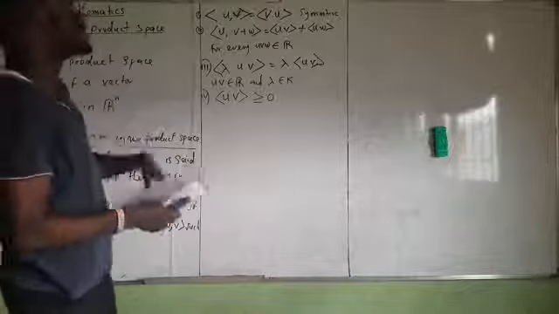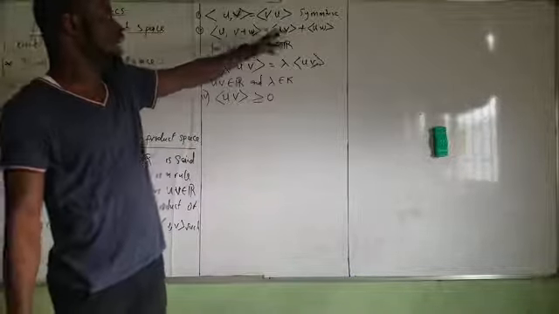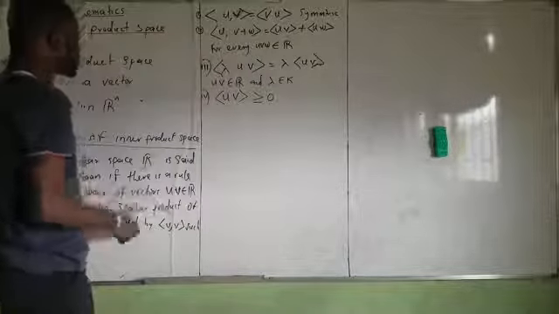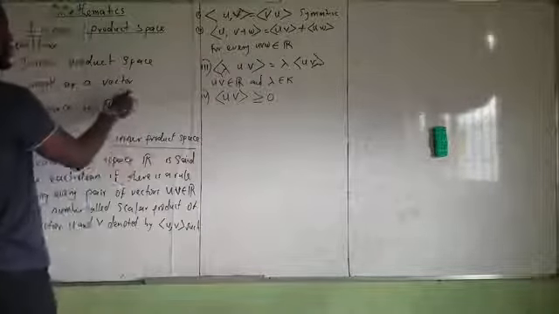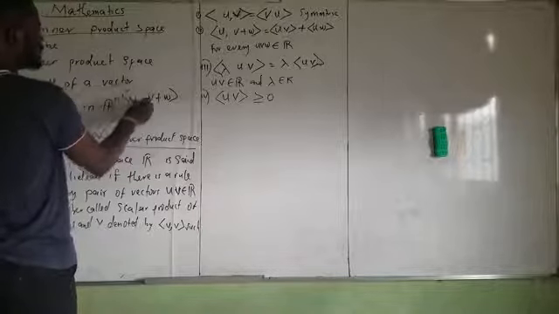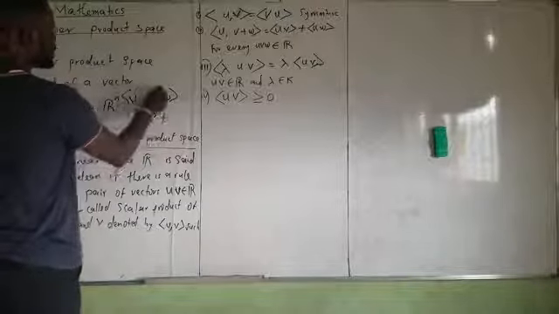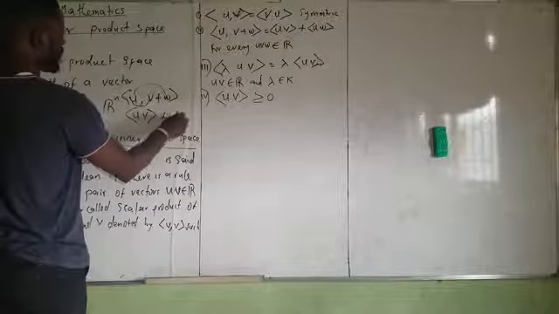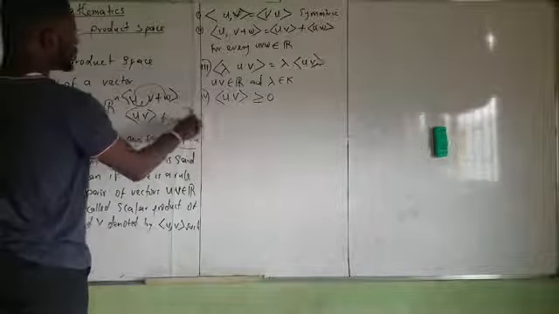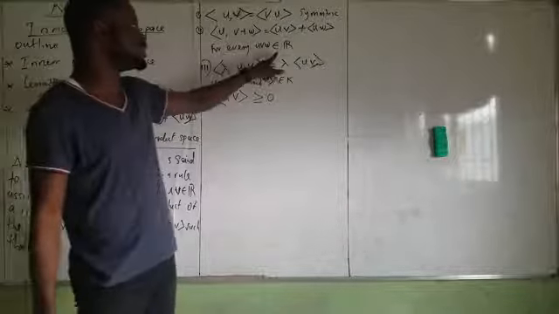Number two, when I have u with (v plus w), it will be (u, v) plus (u, w), for every u, v, w belonging to R.